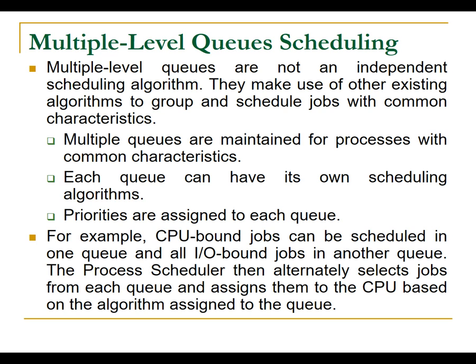Let me repeat the wordings again. Multi-level queues are not an independent scheduling algorithm. Keep this in your mind. They make use of other existing algorithms to group and schedule jobs with common characteristics. These characteristics are: number one, multiple queues are maintained for the processes with common characteristics.